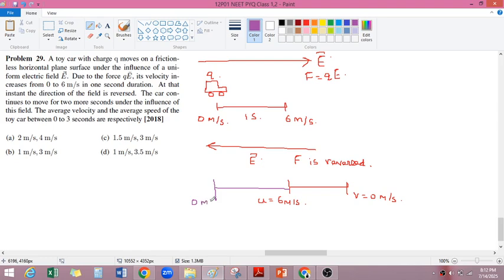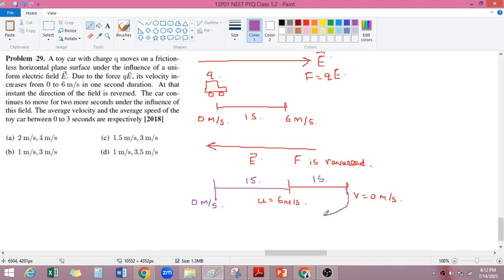So 0 meter per second. They said that it is traveling for 2 more seconds after this 1 second. But since this force and this force are equal, for it to become 0 to 6 it takes 1 second, which means to become 6 to 0, it will take 1 more second.